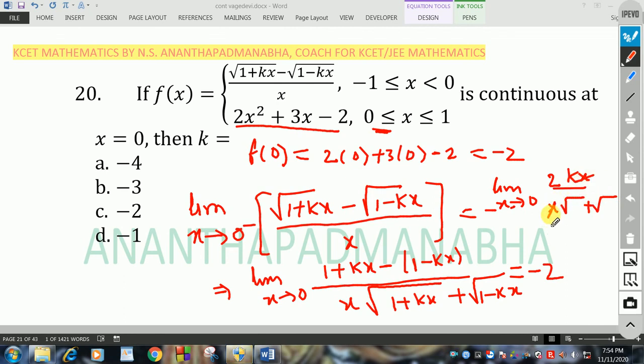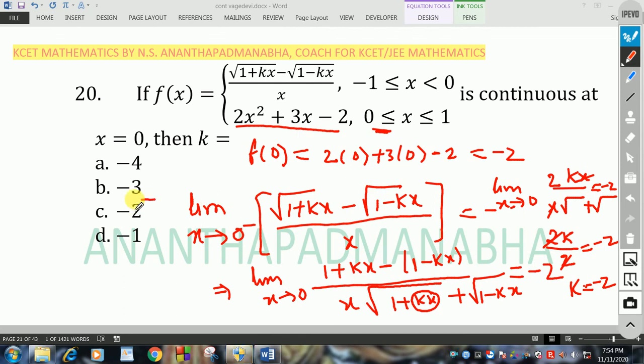X will be cancelled. On the right hand side I have minus 2. So here as x approaches 0, kx is 0, root 1 plus root 1, so that is 2 in the denominator, and in the numerator I have 2k, which is equal to minus 2. 2 will be eliminated and k will be equal to minus 2.